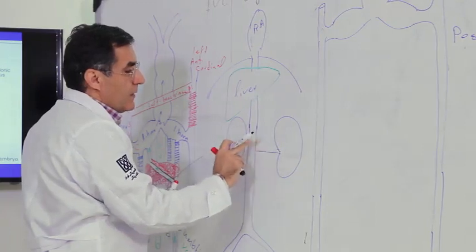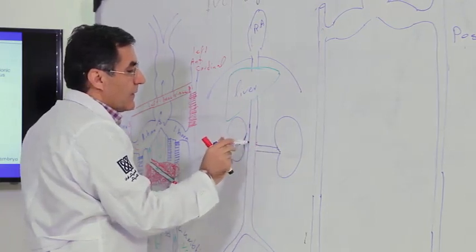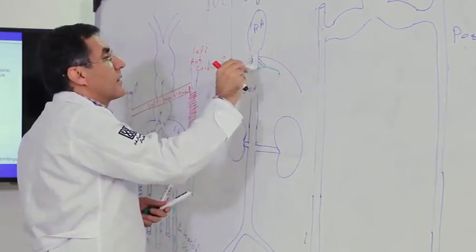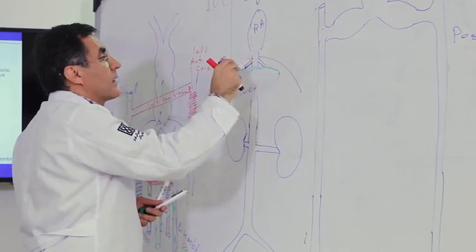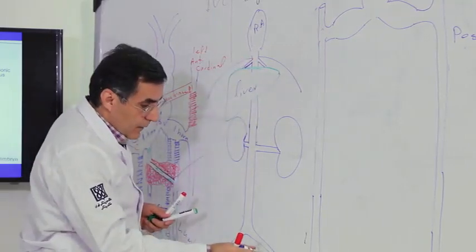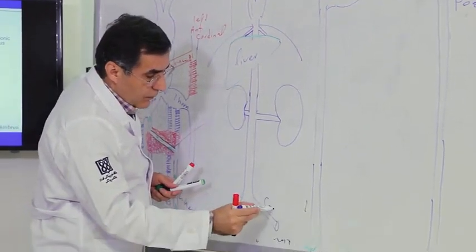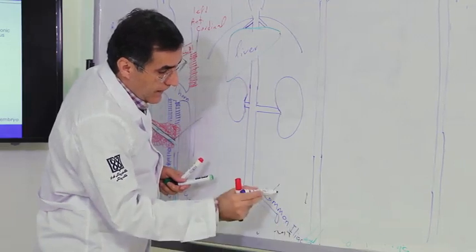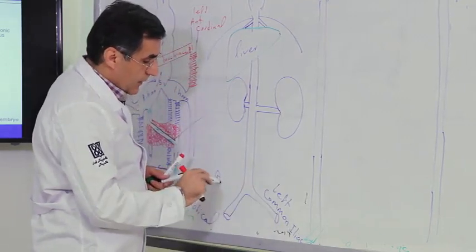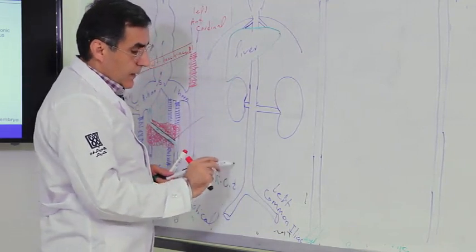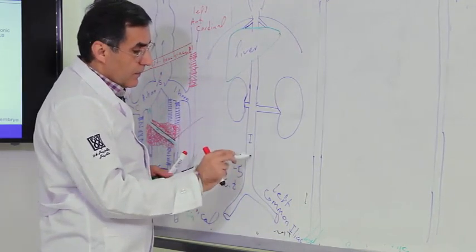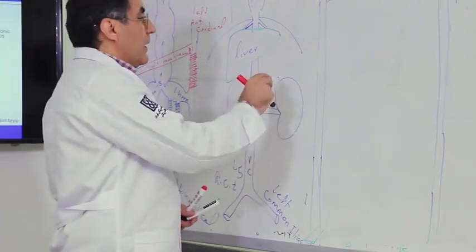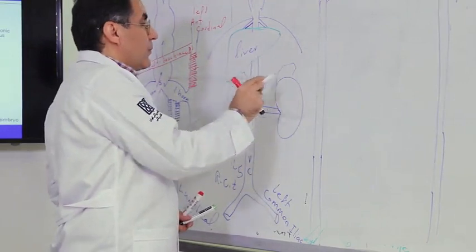We have two veins, the right renal and left renal veins, and two hepatic veins. As I told you, this is the left common iliac, and this one is the right common iliac, and the IVC is formed opposite L5. Here are the suprarenal glands.